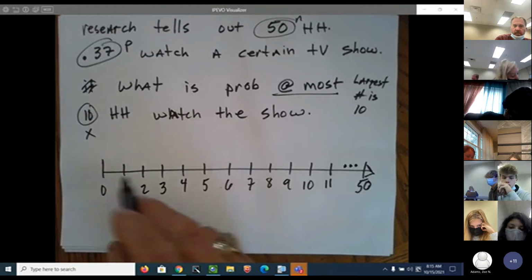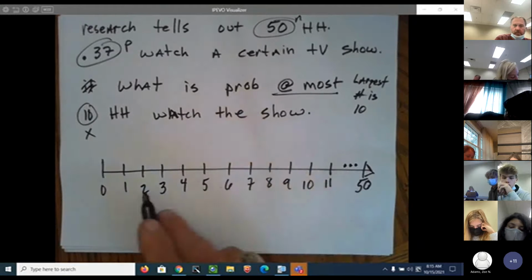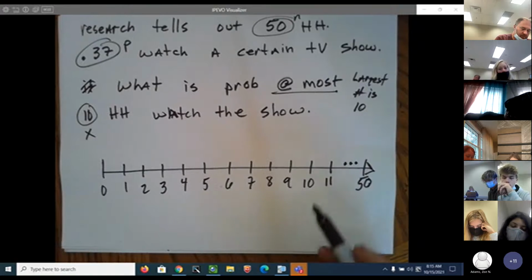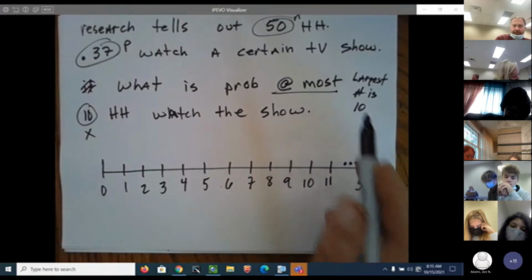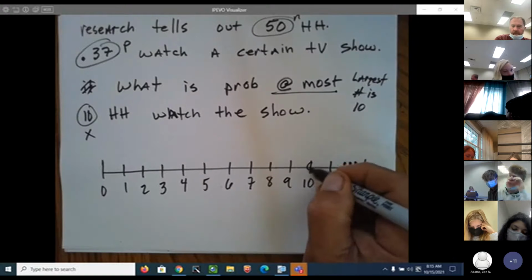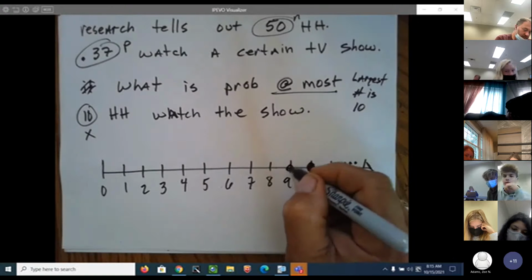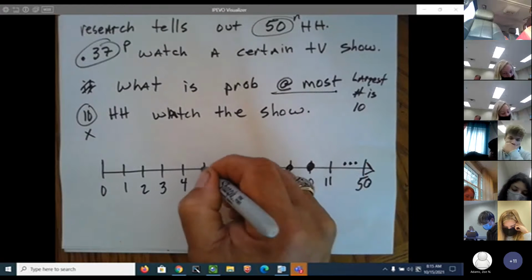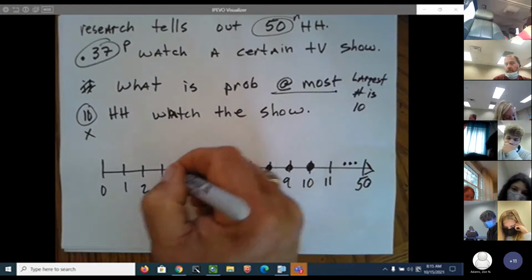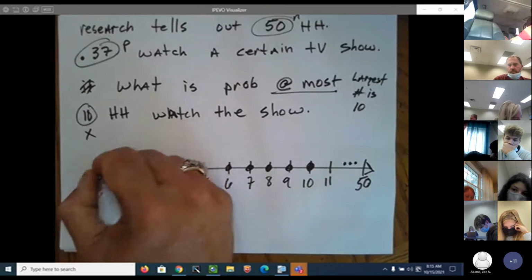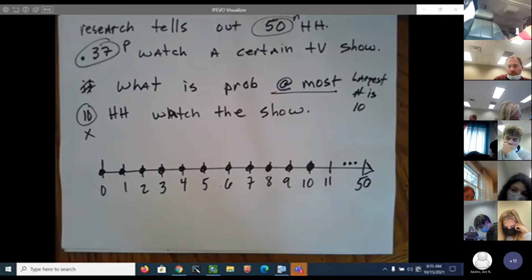Okay, so you got a number line, households, from 0 to 50. And they're asking at most 10. So somebody tell me what at most 10 means. That means 10 is the most that you can have. So that means that we've got to do the probability of 0 through 10.